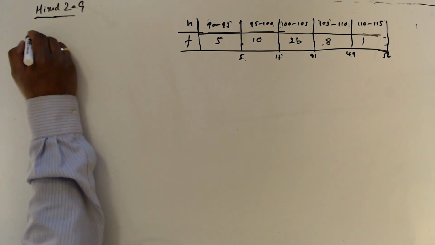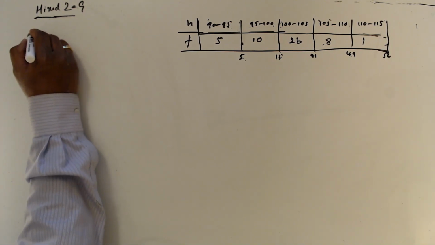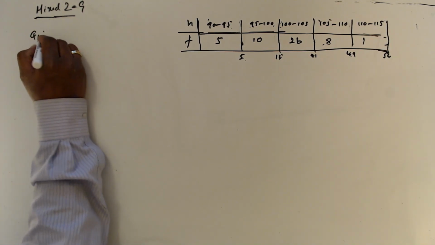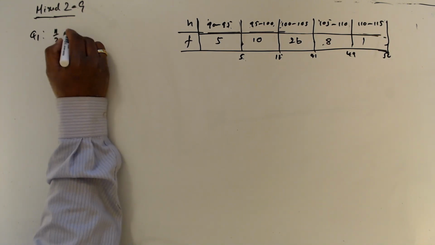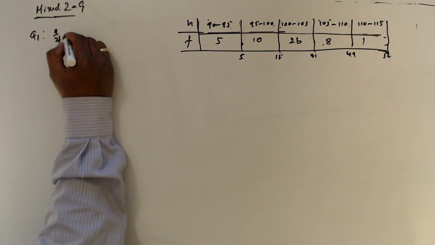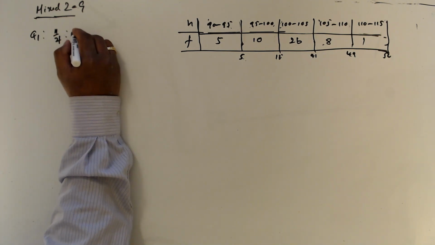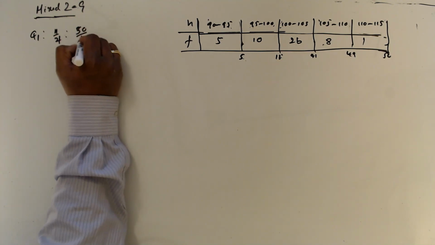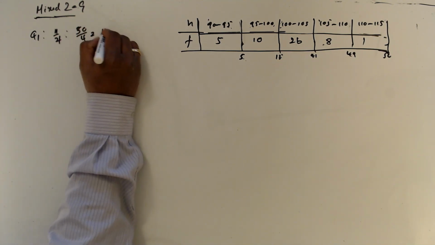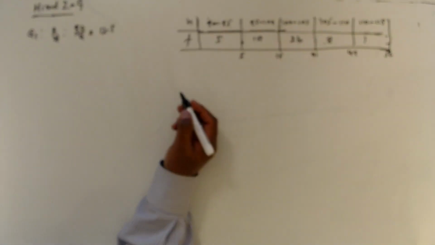So we want to find IQR. First of all, we need to find Q1. Q1 means n divided by 4, which is 50 divided by 4, that is going to be 12.5.